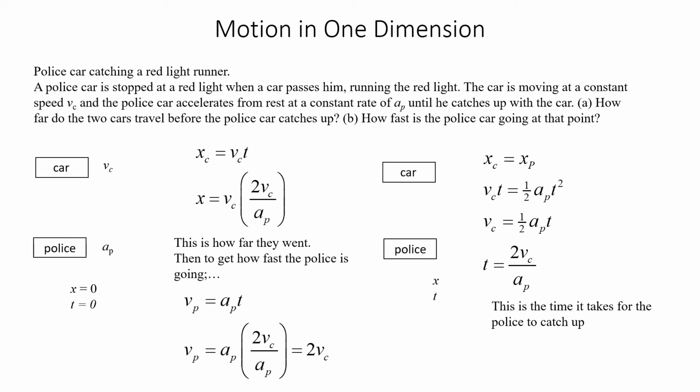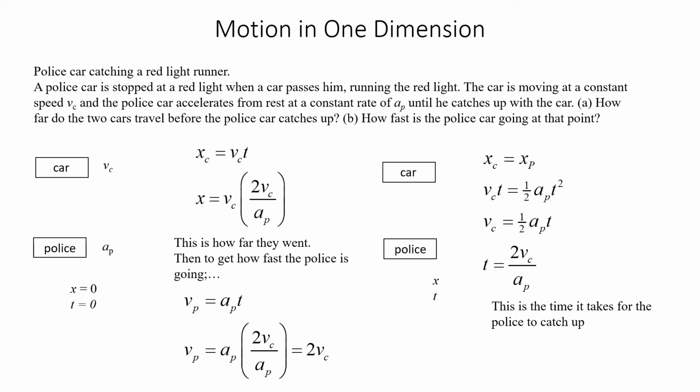So the position of the car equals v sub c t, and we put in the time of 2 v sub c over a sub p, and that will give us how far they went. That's also the same as how far the police went, since they end up at the same position at the same time.